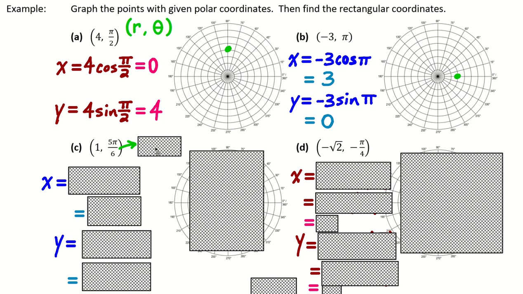And so 5 pi over 6, I'm not good at knowing. It's literally 5/6 of pi, so it's probably right there, which I'm going to say is 150 degrees. You can go to your calculator and do 5 times 180 divided by 6, which is what I've done most of the time over the years.